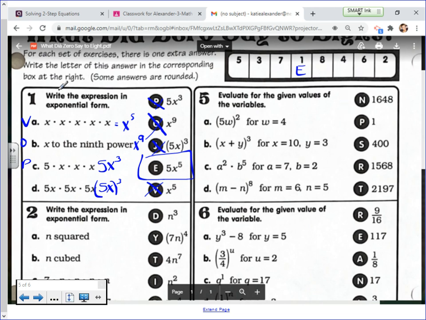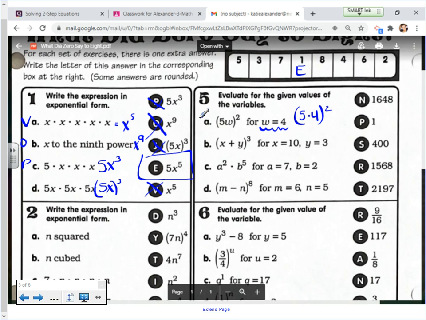Okay, so same thing for number 2. Number 5, it says evaluate for the given variable. So it tells you what number you're going to plug in, and then you have to use your calculator to solve this. So you want to type in 5 times 4 raised to the 2nd power. We know 5 times 4 is 20, and 20 raised to the 2nd power is 400.